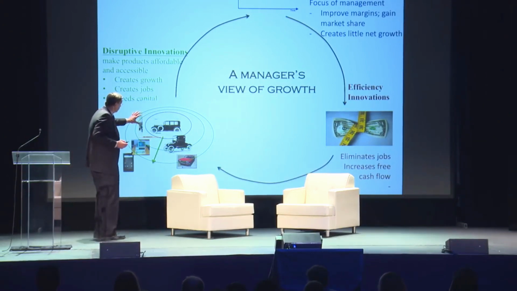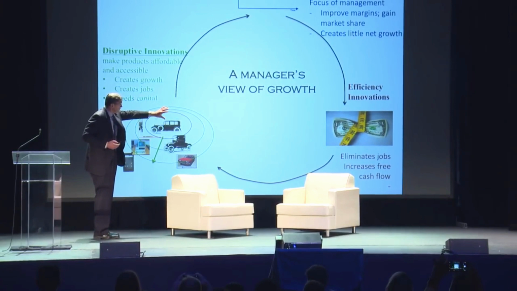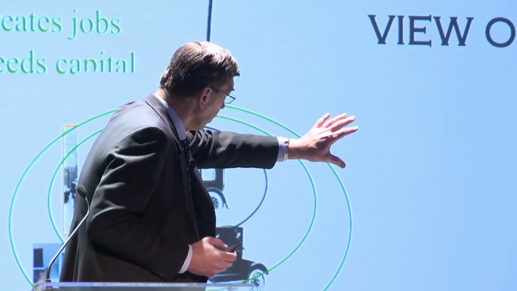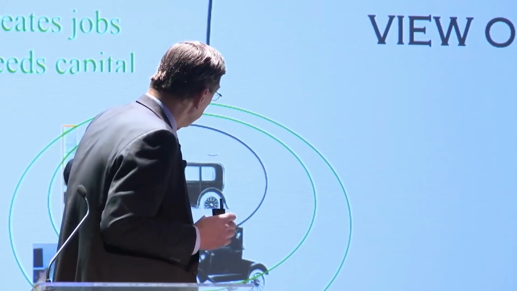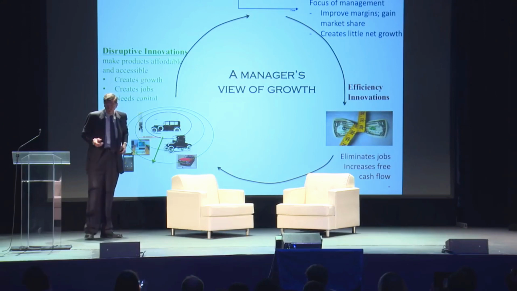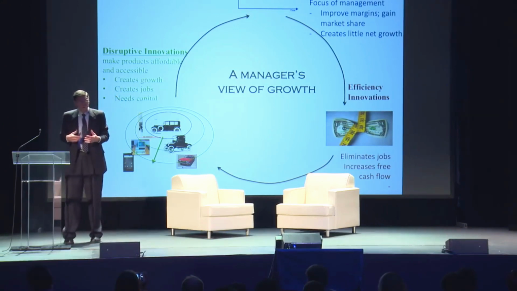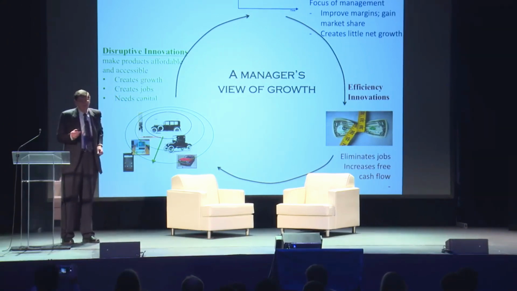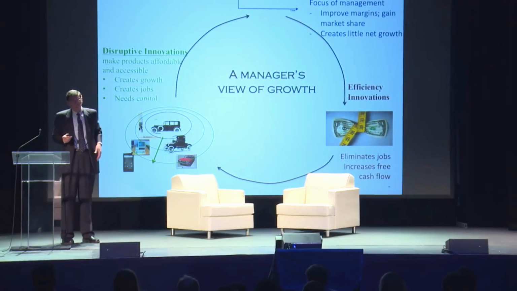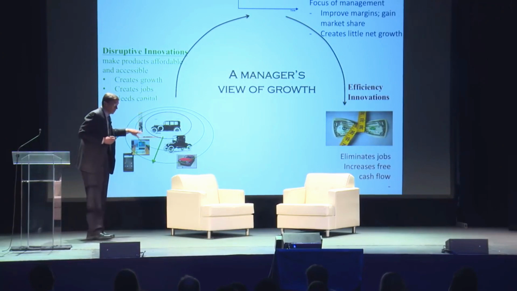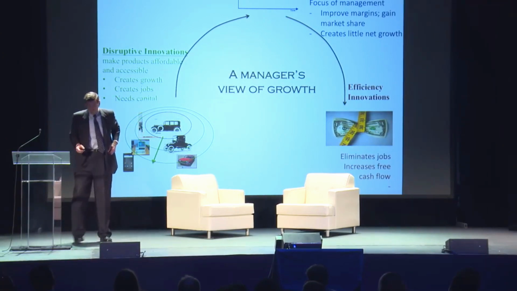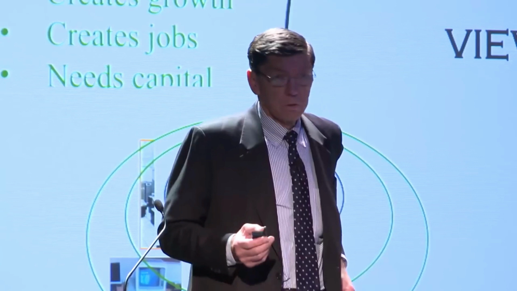As long as these guys are creating more jobs than those guys eliminate, and as long as these guys are creating enough increased cash flow to fund the next generation of disruptive innovations, the economy works and the company works. But what's happened in the last 30 years, little by little, is that this connection has been cut by, unfortunately, professors at business schools like me.